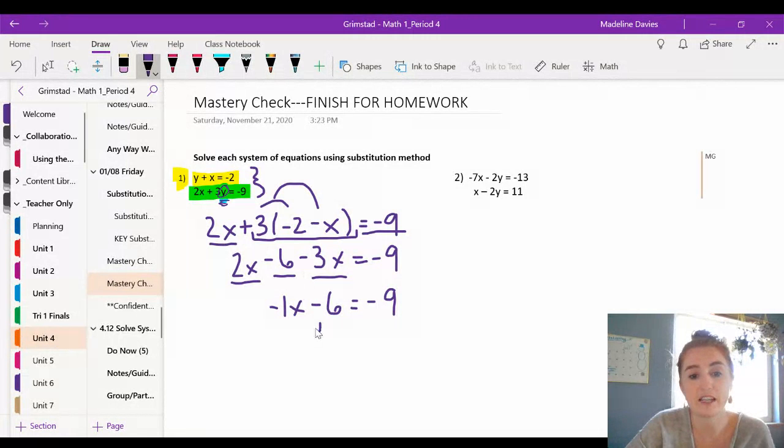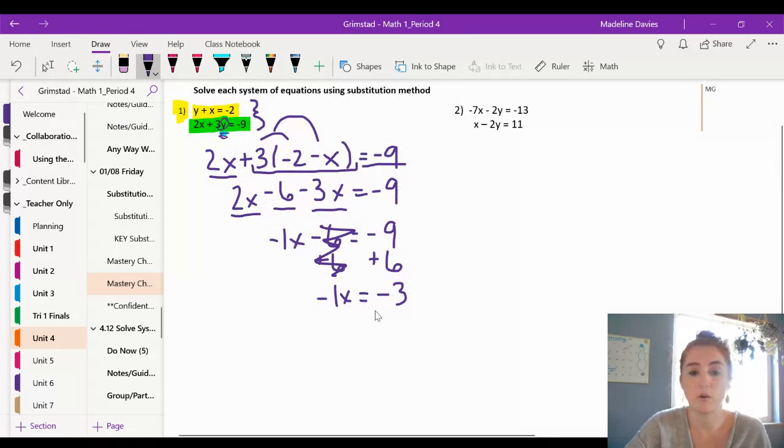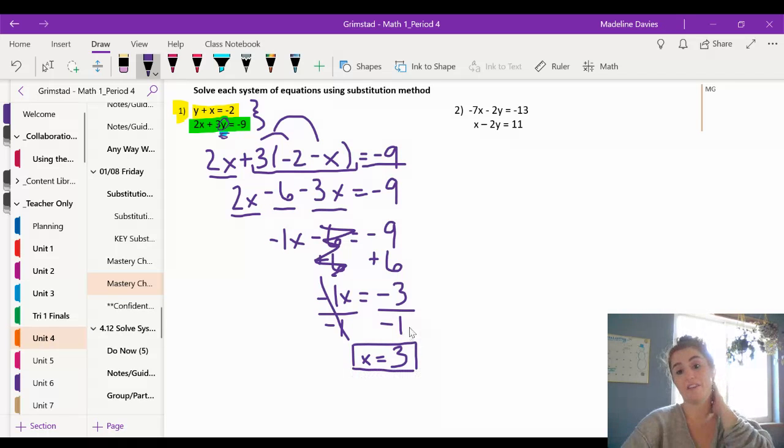I now have to get rid of the -6, so I add 6 because that makes it 0 on this side, so I can nix it. Add 6 on this side, which means -3. I'm going to bring down my -1x. To get rid of the -1, I just divide by -1, divide by -1, x equals +3. x equals +3 because a negative divided by a negative is a positive.